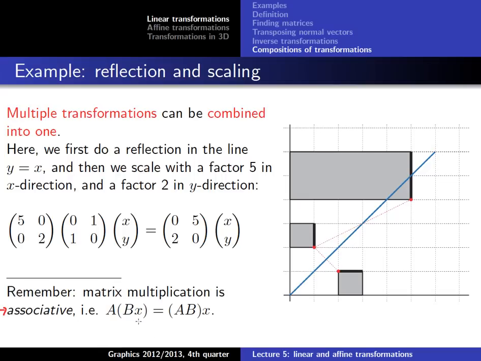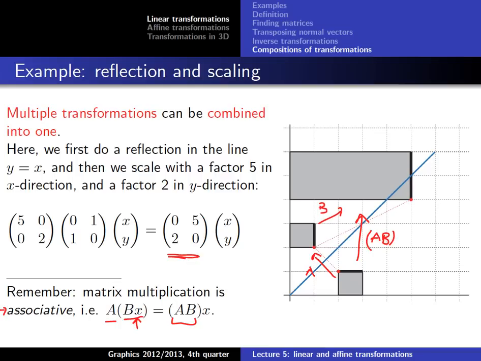So if we have a vector and apply a transformation matrix to it, and then another transformation matrix to it, we could also take these two transformation matrices, multiply them with each other to create one transformation matrix that, instead of doing this and then that, we directly do this in one step by using this matrix here.